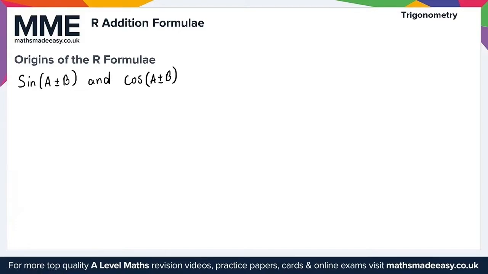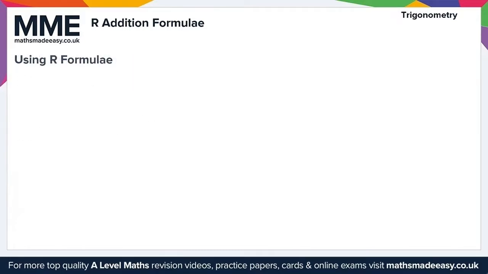We're now going to look at how to collect a linear combination of those terms and put them into one expression so that they look like this: R sine theta plus or minus alpha, or R cos theta minus or plus alpha. So that just gives us everything we need there for the origins of the R formulae.